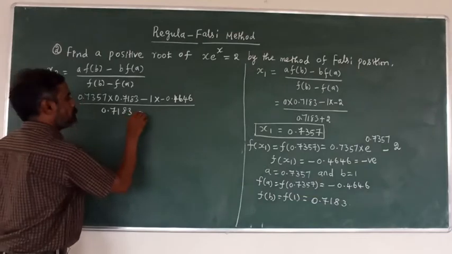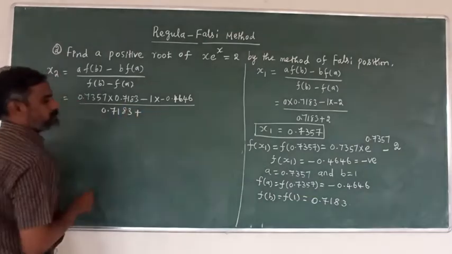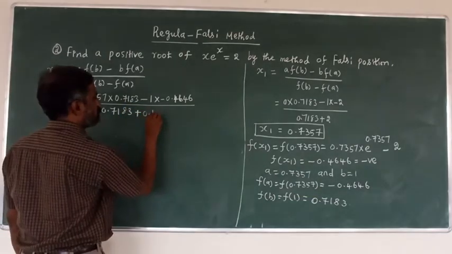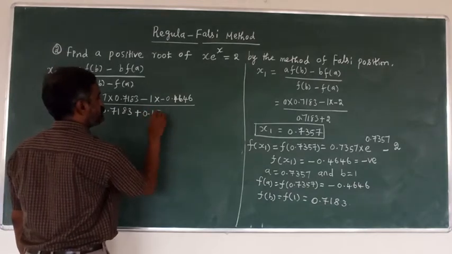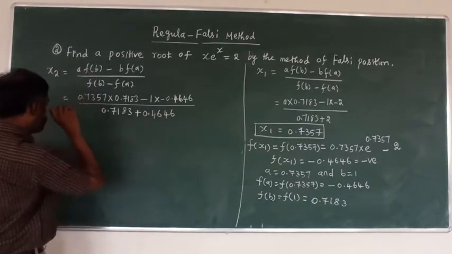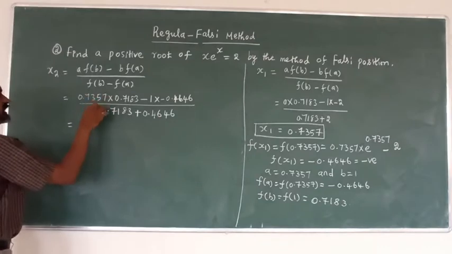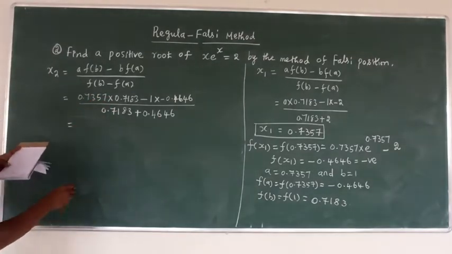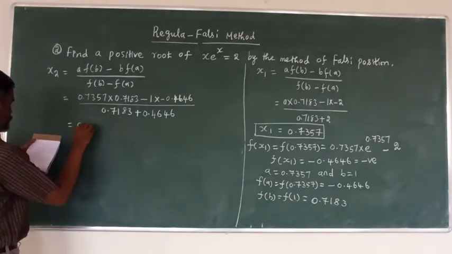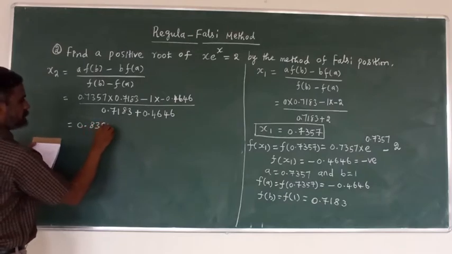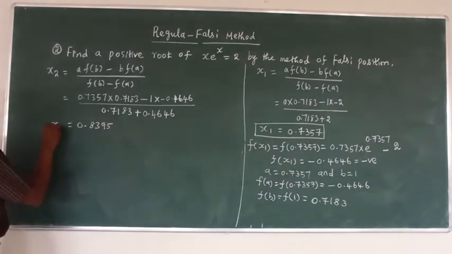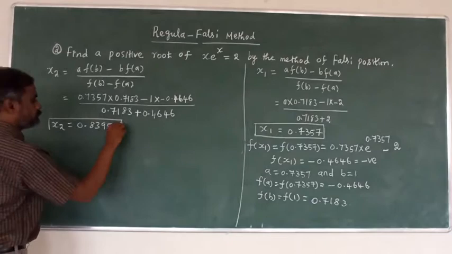The minus will change into plus 0.4646. Now divide these two, and we get 0.8395. This is the x2 value.